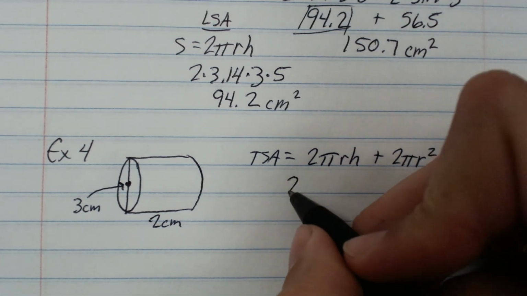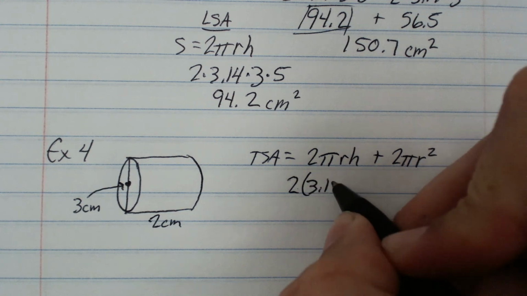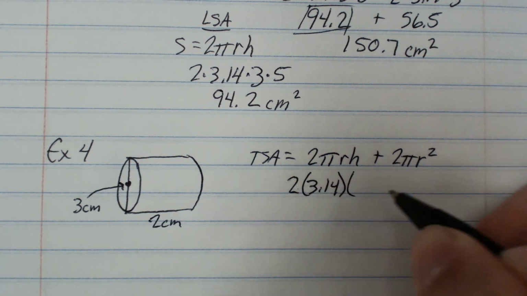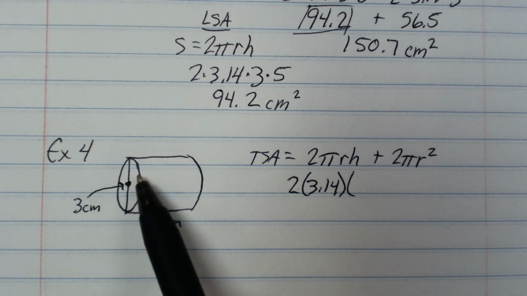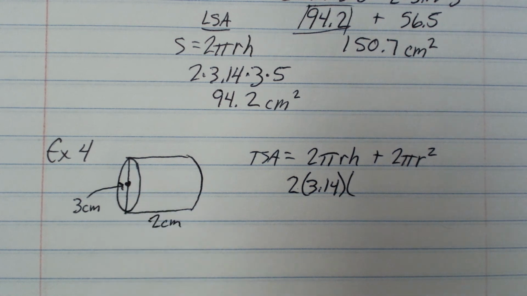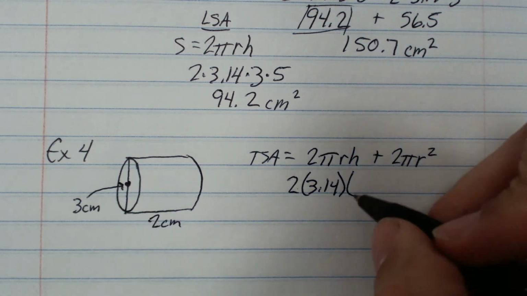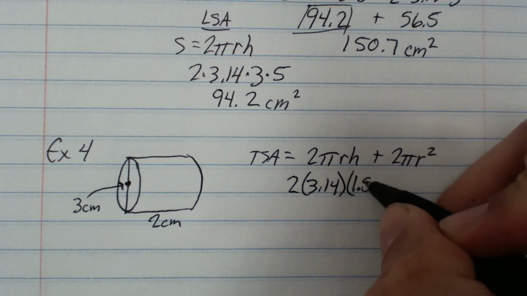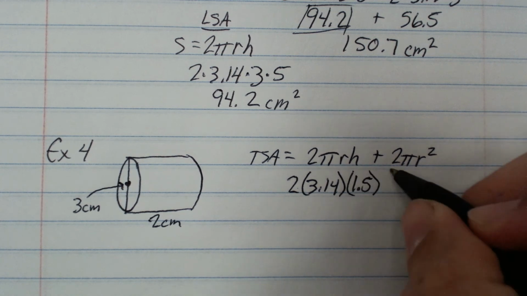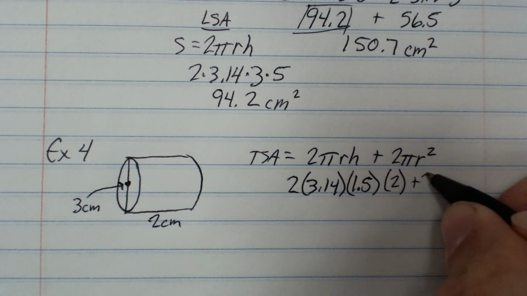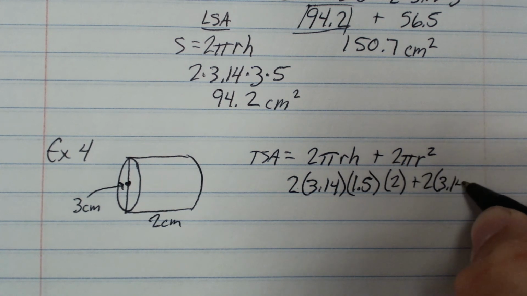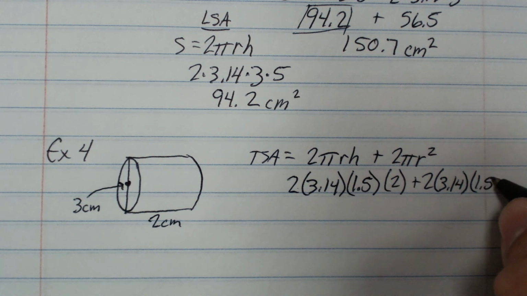So we know our 2, we know our pi. The radius, this right here is a diameter. It goes all the way across. But for the radius, we only need half of that. So we're going to take 3 and divide it by 2. Get 1.5. And then height plus 2 times 3.14 times the radius squared.